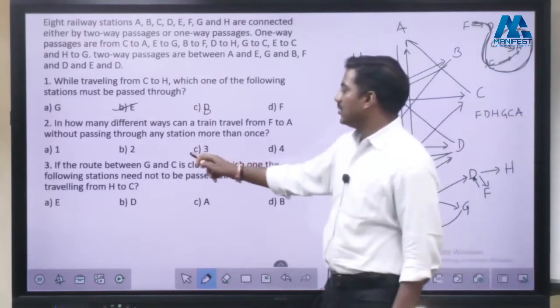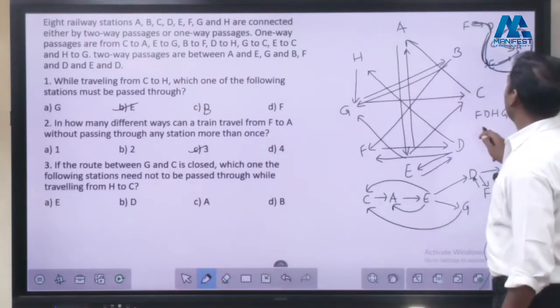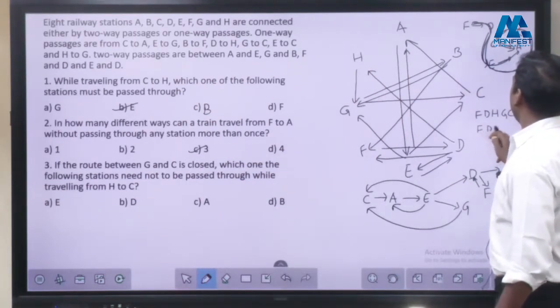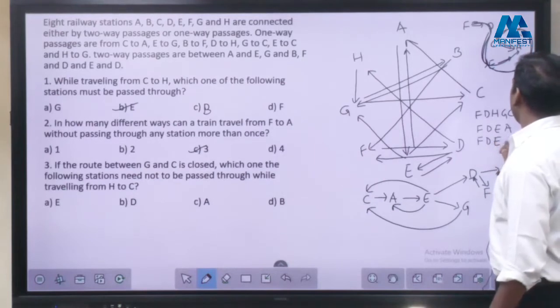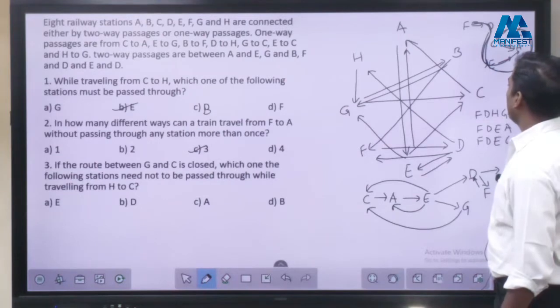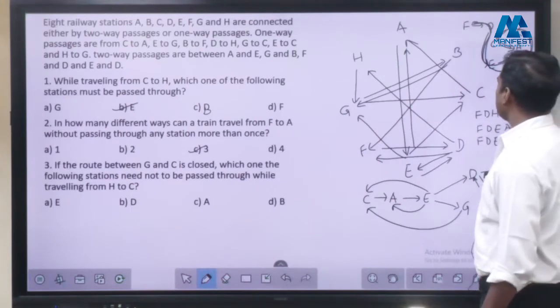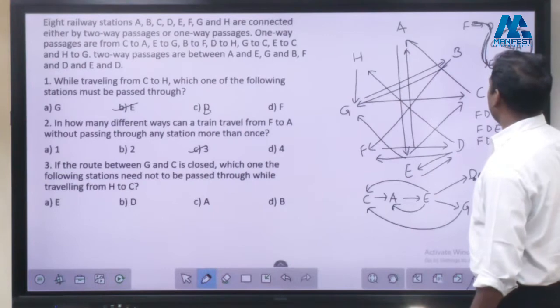So far 3. First is what? F, D, E, A. Next is what? F, D, E, G, C, A. That's all.